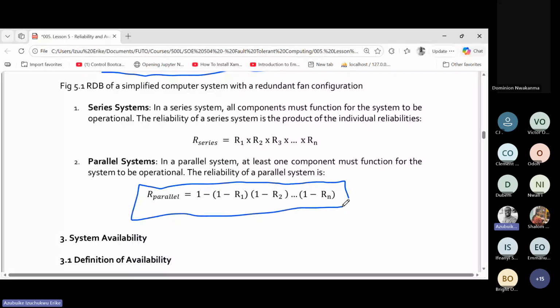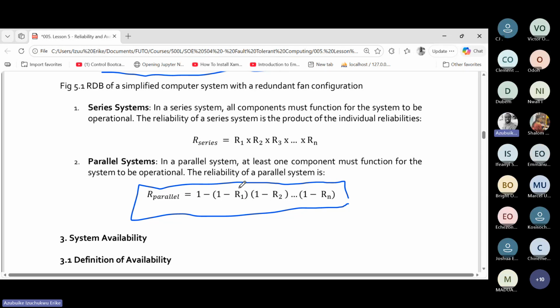We multiply 1 minus R1, the reliability of the first component, by 1 minus the reliability of the second component, and so on and so forth, depending on the number of components that are in parallel. All right. And then when we get the value of this computation, we subtract it from 1. Are we together? We now subtract it from 1.